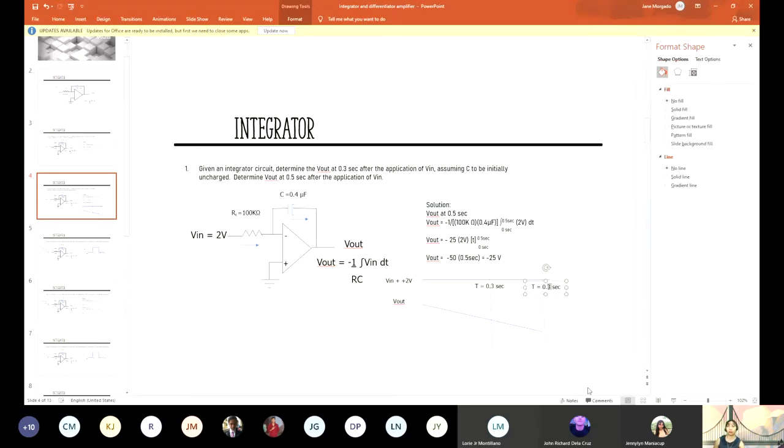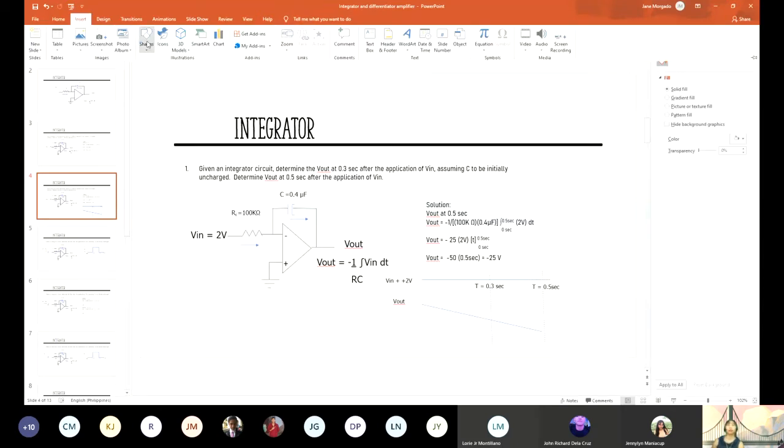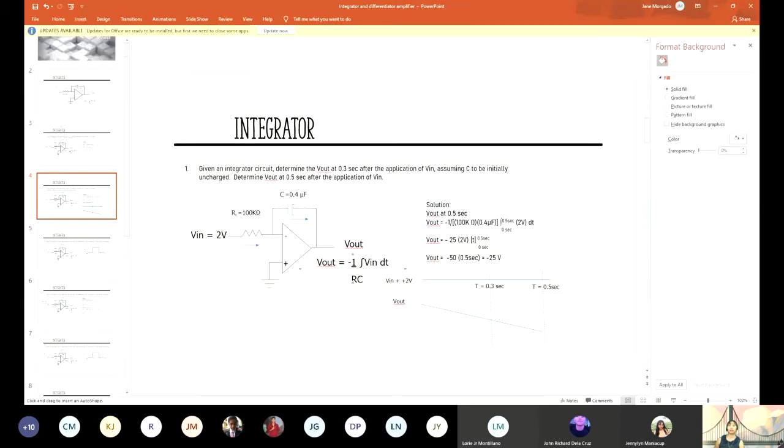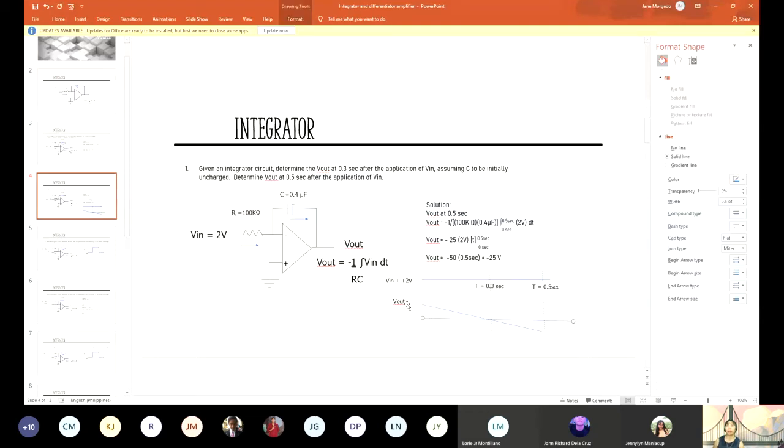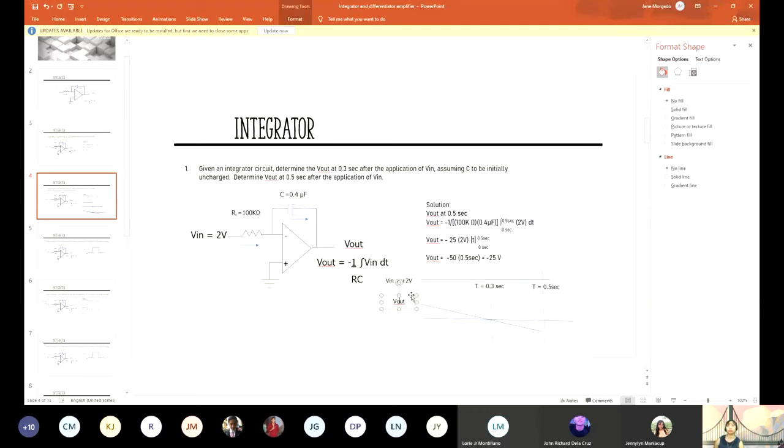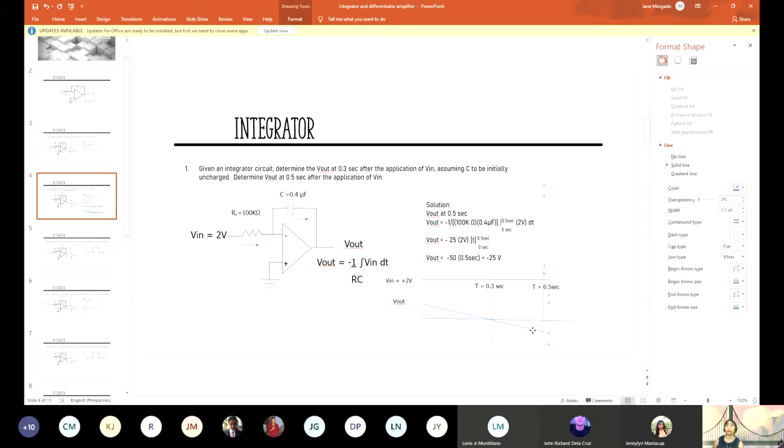So this will be your waveform will look like, okay, ideally. But then again, since the maximum supply is only up until 15, so what will happen? What will happen, class?